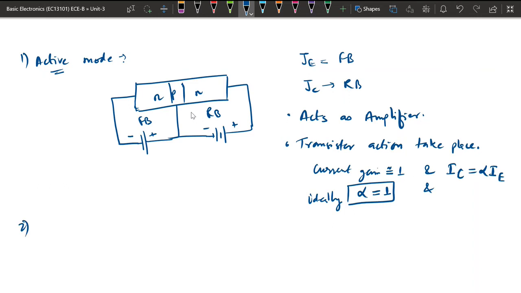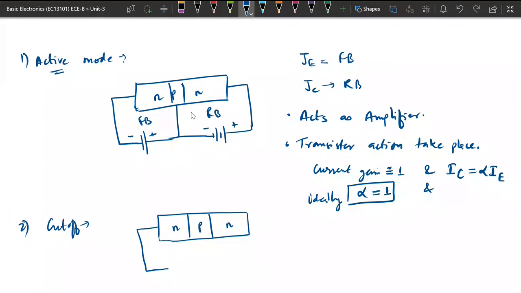In the case of cutoff mode, the biasing will be like this. This is NPN, so we need to bias both the input side and the output side in reverse bias.